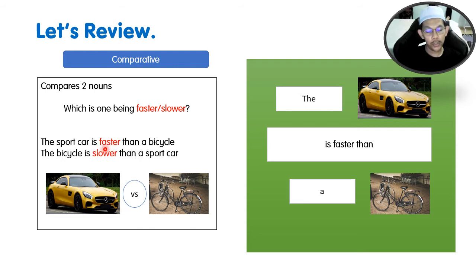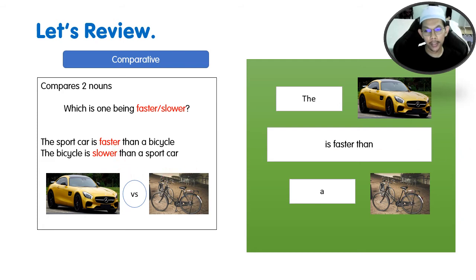Bila kita compare dua perkara, dua benda, we need to put er. For example, the sports car is faster than a bicycle. Be reminded, always use er to compare between two nouns.